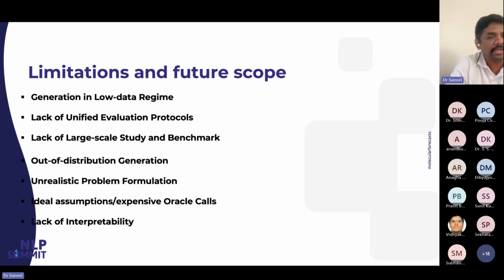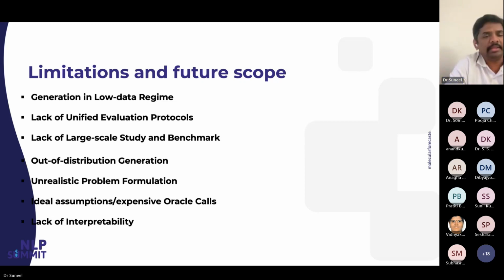The second point is the lack of a unified evaluation protocol. Although they say benchmarking protocols, they simply assess whether the given molecules are valid or invalid, diversity or similarity calibration. They don't know how to assess the given data set.